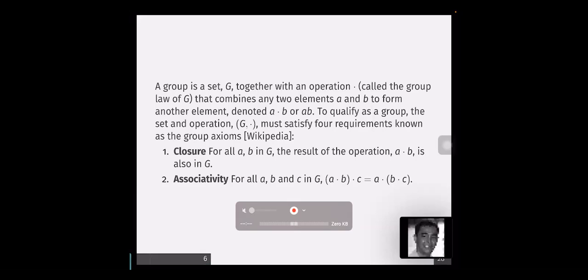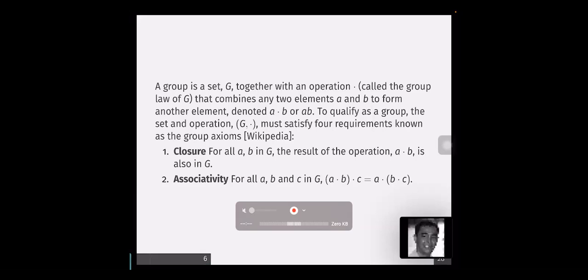Next, associativity. It means that it has something to do with the order of the operations. No? So the order in which you do them.